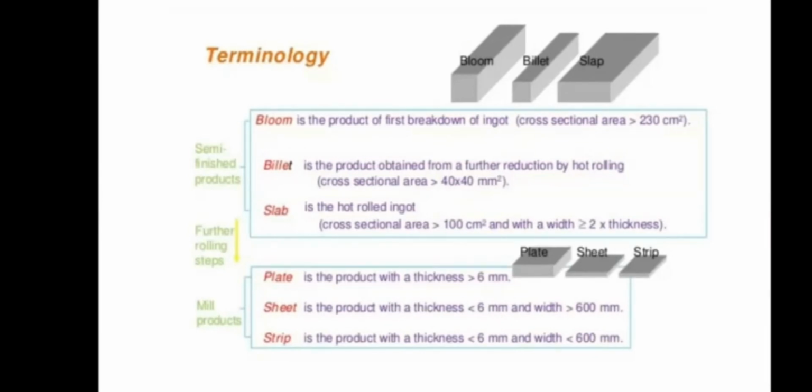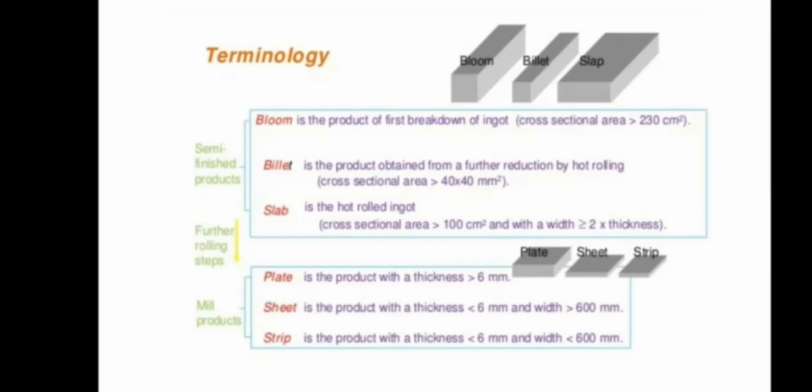So many sheets are available in the market. That is the outcome of the rolling operation. Slab is further reduced into the plate. Plate thickness is more than 6 mm. You see, slab is reduced into plate. Plate further reduced into sheet.